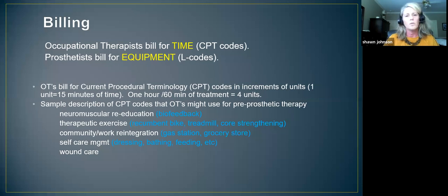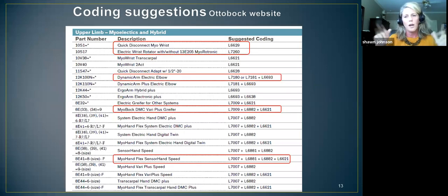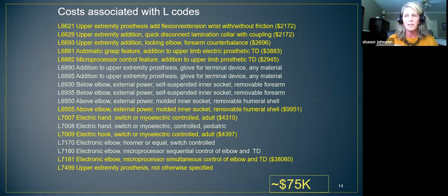Okay, so now, old Ottobock website, but it just gives you a good reference of some different codes that might be used for an above elbow. I know this is probably old and outdated, but if you look at this and you take all these L codes into account and look at what the prices were or are associated with that, you could have a pretty expensive device that just sits in a closet.